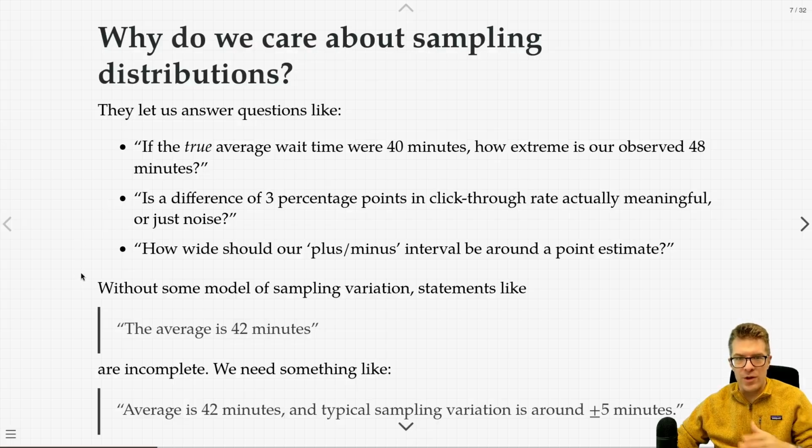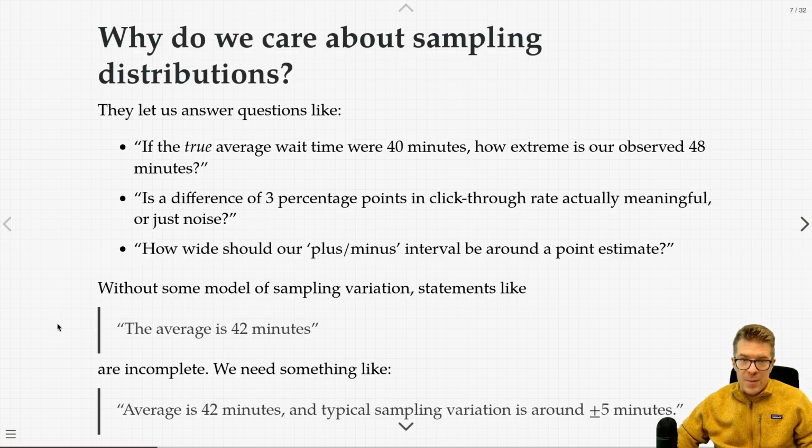And then, how wide would your plus or minus interval be around a point estimate? If you talk about the average being 48 minutes, would you expect 46 minutes to 50 minutes to still be a reasonable estimate of an interval, or is that too small, or is it too big, and so on?